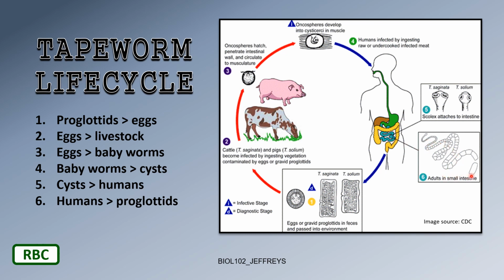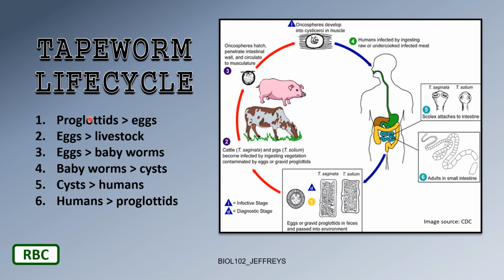And you see a proglottid breaking off. You poop it out. Nobody comes along and eats where you pooped unless you pooped outside. But in the case of animals, these eggs or gravid proglottids are pooped out onto the ground, and somebody else comes along and ingests the vegetation, and the whole cycle starts over again.